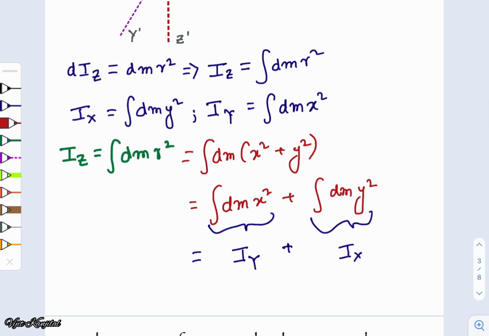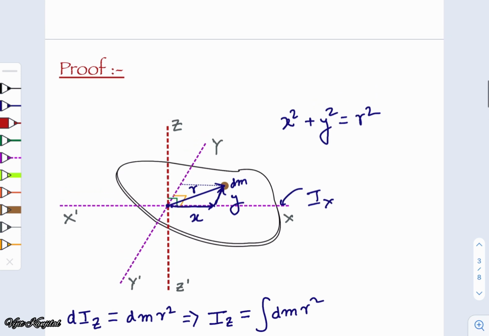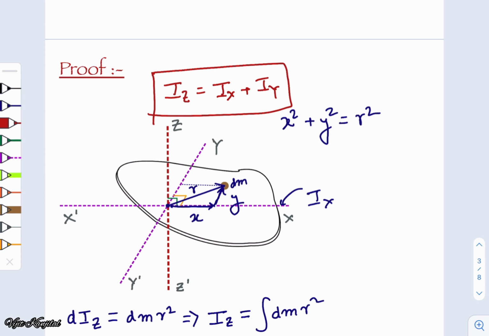We obtain finally that Iz is nothing but Ix plus Iy. So we finally obtain Iz is equal to Ix plus Iy. This is nothing but the perpendicular axis theorem.